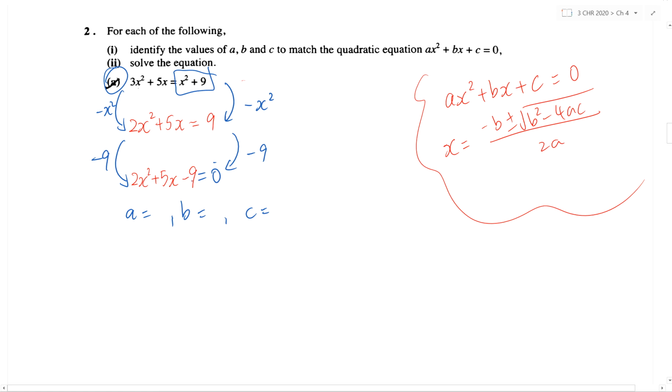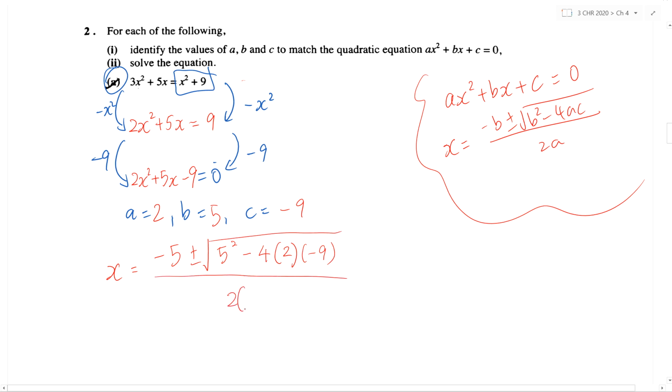So now, our values of a, b, c are obvious. What is the value of a? 2. B. C. Now, substitute. X equals minus b plus minus square root b squared minus 4ac over 2a.